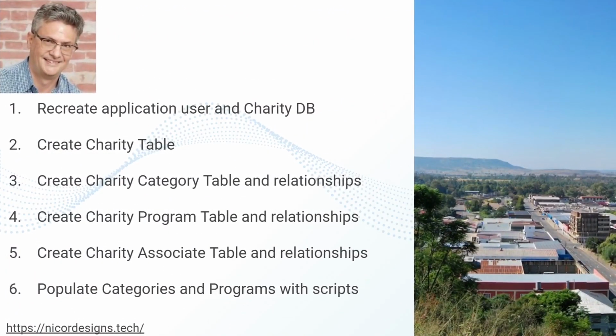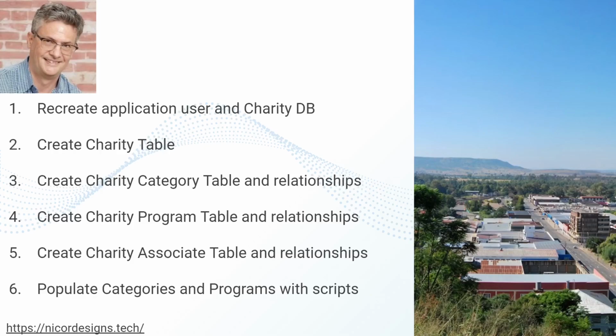These are the high-level steps we will perform in this lesson. First, we will recreate our application user and the charity database. Then we will create a charity table. Then we will create the relationship tables between our charity and category, program, and associate.